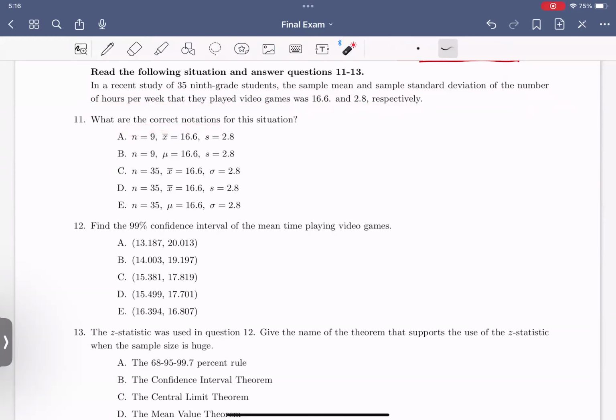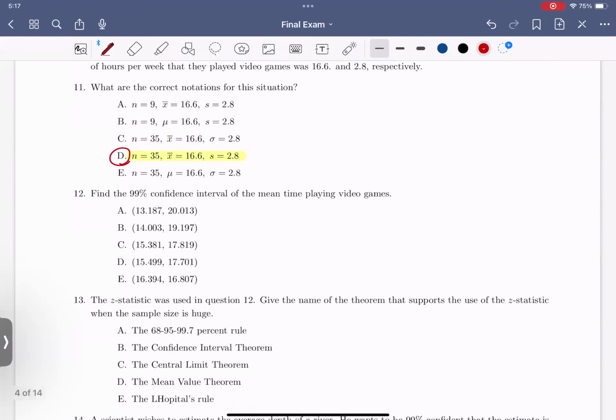You sampled 35 students, so n equals 35, and you get x bar equal to 16.6, not mu, it's x bar. And the 2.8 here is computed from the sample. This is why they call it sample standard deviation. These two numbers are the sample mean and sample standard deviation. So the answer is going to be choice D here. All right, good, easy one.